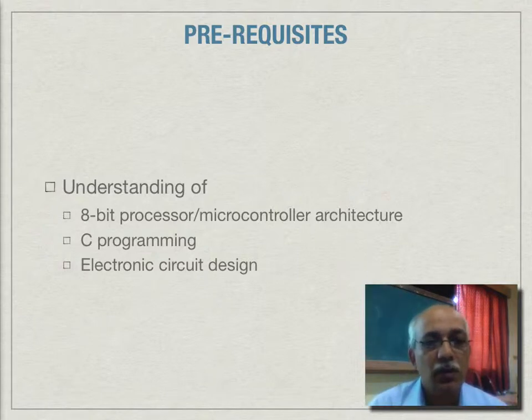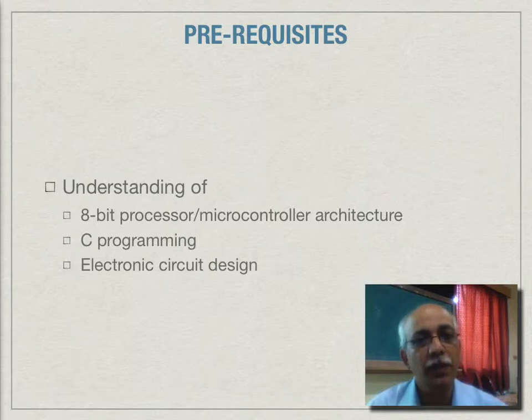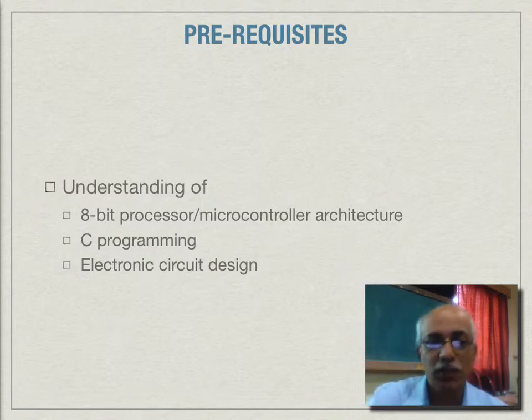Because especially in the RTOS topic, we will be jumping into the source code of the RTOS. So, it is necessary that you learn C programming thoroughly, and general electronic circuit design is expected.